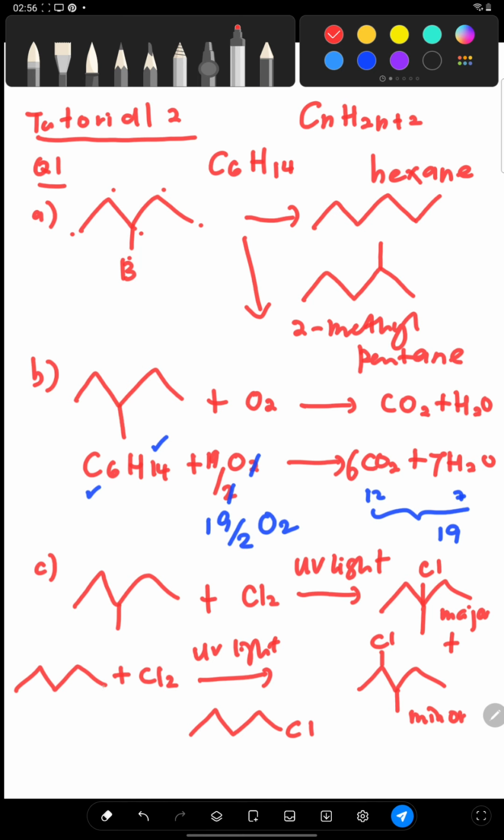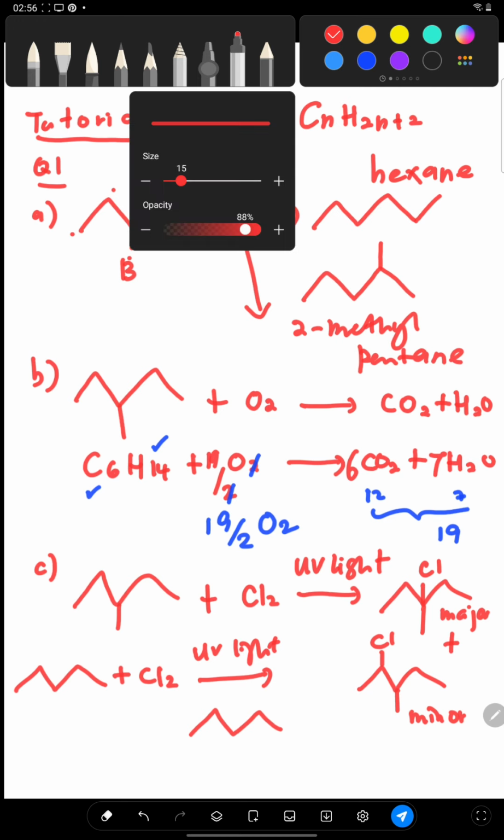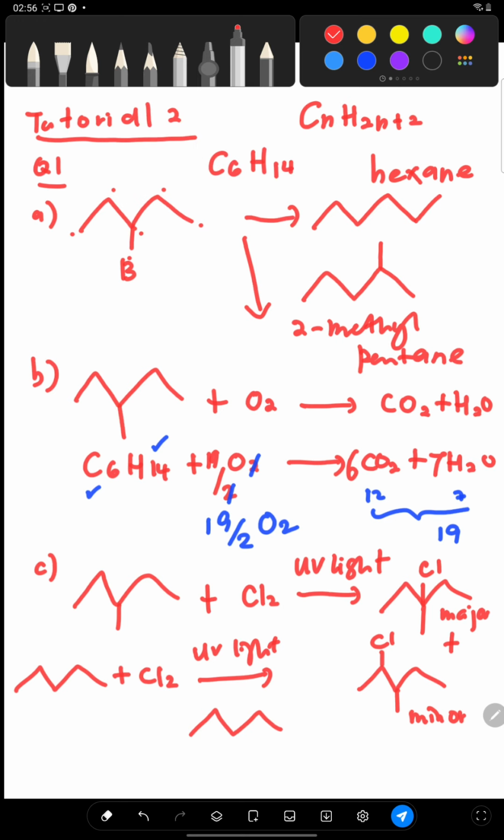One hydrogen here is substituted with Cl in the propagation step. So here at the straight chain it should be 5 carbons.